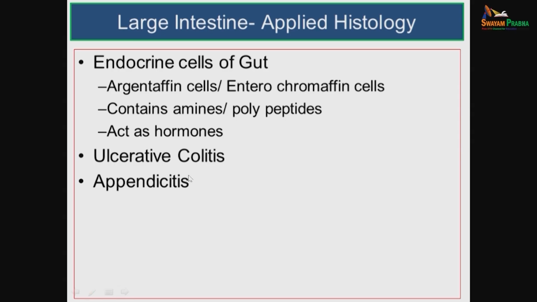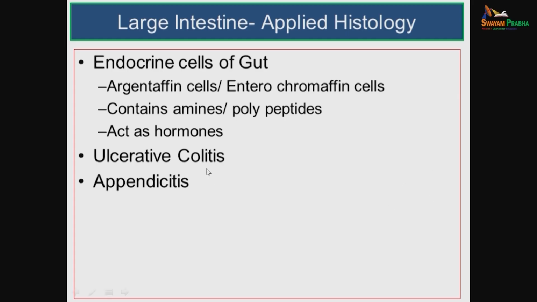Ulcerative colitis is one of the diseases. By the name itself, we know it is an inflammation. Itis is inflammation, and colon represents the large intestine. So, the inflammation of the colon gives rise to an ulcerative picture, and this is one of the conditions which gives rise to a disease of the large intestine causing diarrhea and other features. This is a diagnosis done based on a biopsy report seen under the microscope.